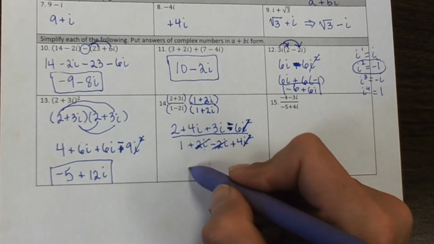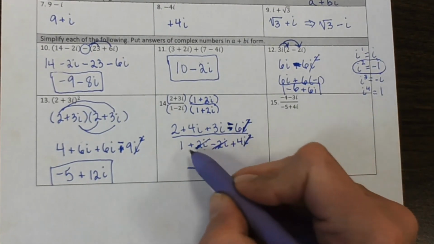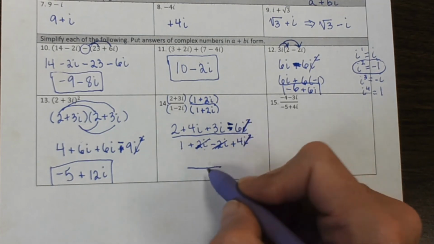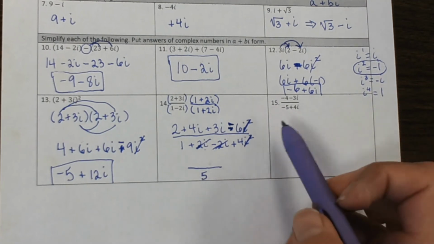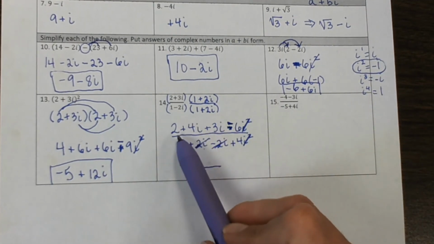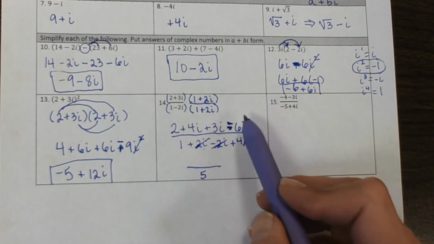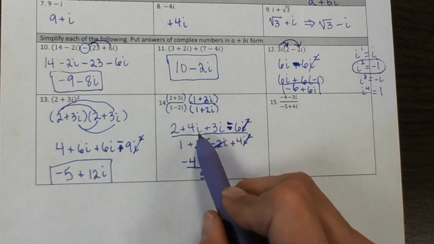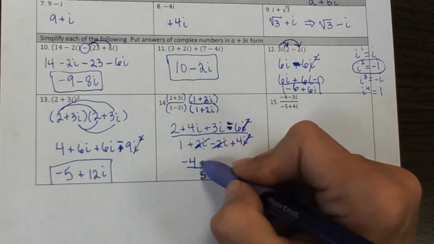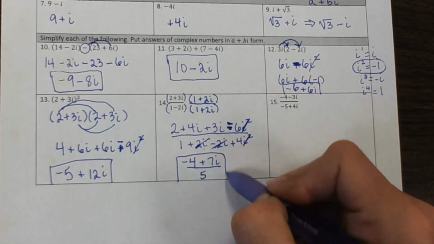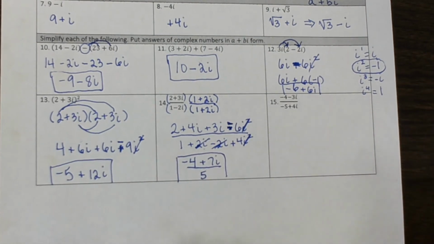So the goal is to get rid of the imaginary numbers in the denominator, because now I only have 1 plus 4, or 5, and then it is okay to still have imaginary numbers in our numerator. So I'm going to combine my real numbers, 2 minus 6, so that's negative 4, and then 4i plus 3i is plus 7i. And then this is my final answer because I have no more imaginary numbers in the denominator.